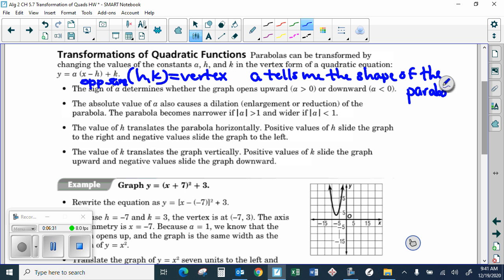Nothing else tells me the shape of the parabola, just A. Remember the B, when you have quadratic standard form, if there's a BX, that just shifts it left or right, and the C tells me it's going to be shifted up or down as well.